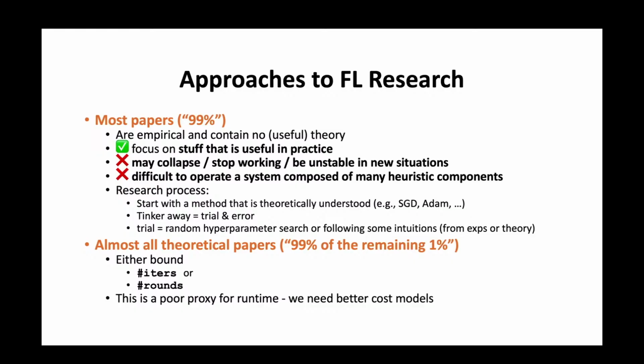Now, if you look at the theoretical papers, I would say that most of them, again, 99% of them, try to understand on a theoretical level something that doesn't matter that much. So either you bound a number of iterations or rounds of communication or some sort of very, very rough estimate of efficiency, which may not be what you really care about, because that estimate may be very, very far off from the real cost in practice.